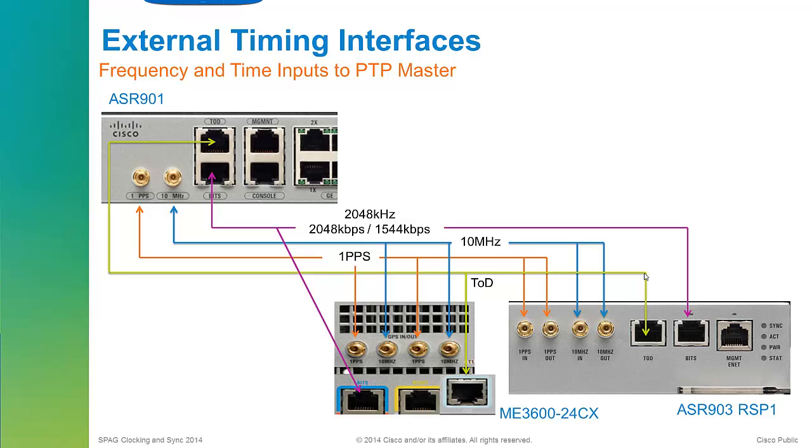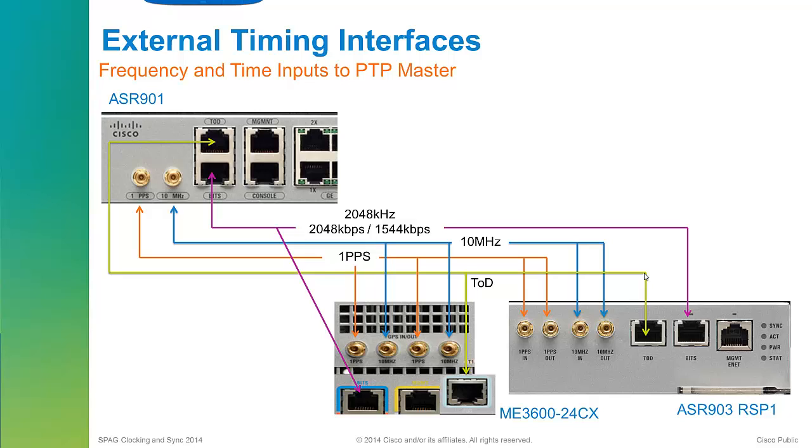Of course, we've investigated how we do frequency in previous sections. Now we're looking at how to get time and phase inputs and frequency inputs into the PTP master. We talked about frequency before with BITS and TDM and so forth. Mainly here we're concentrating on getting the time and phase inputs.